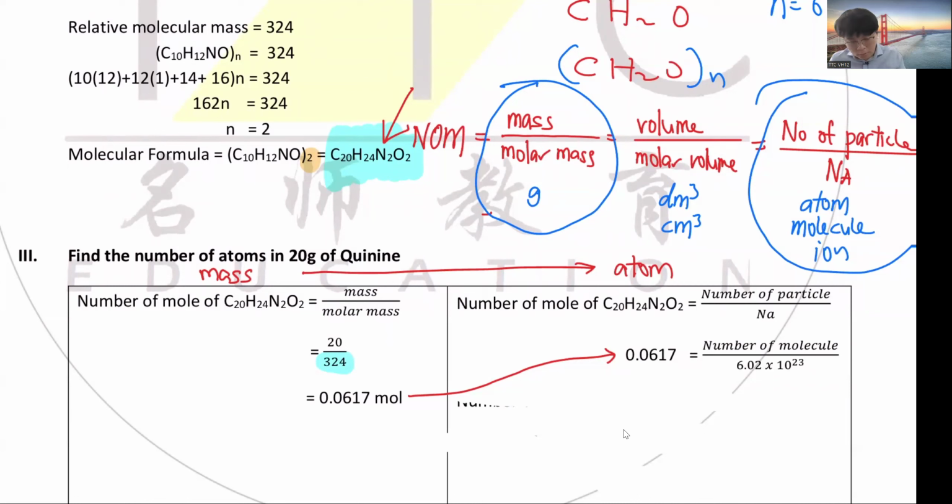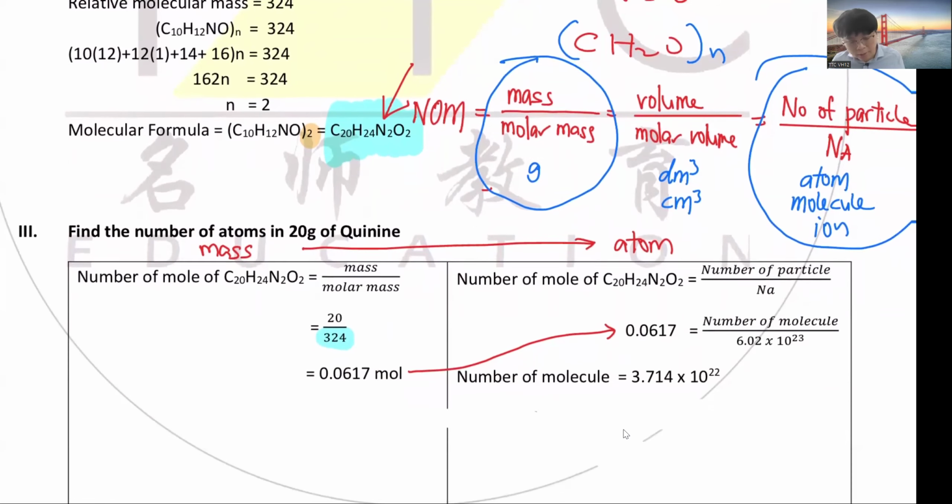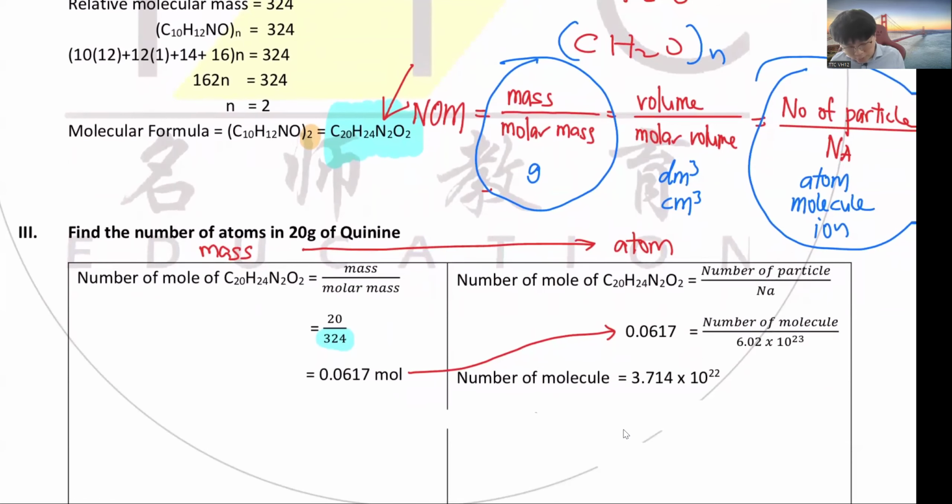Okay, once you get this moles already, this question is new, that you need to convert to atom. So by looking at here, how many atoms do you have? You got 20 carbon plus 24 hydrogen plus 2 nitrogen plus 2 oxygen.